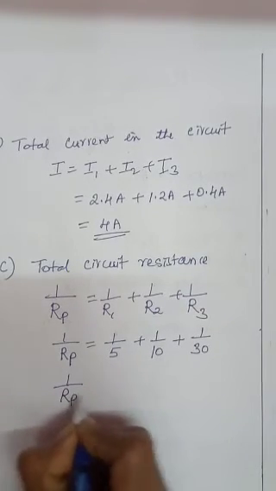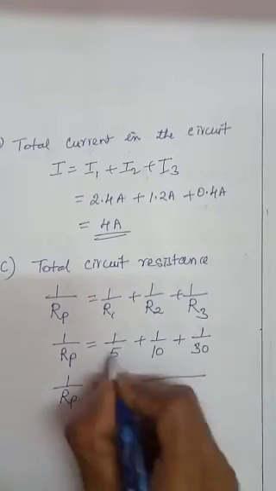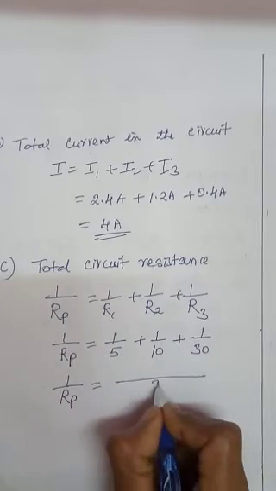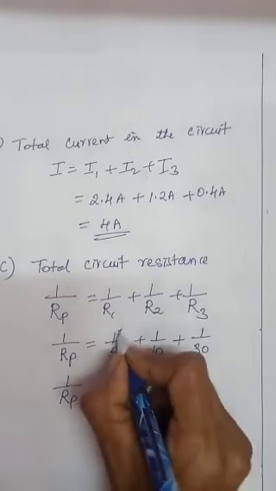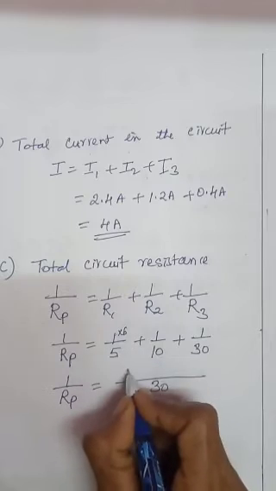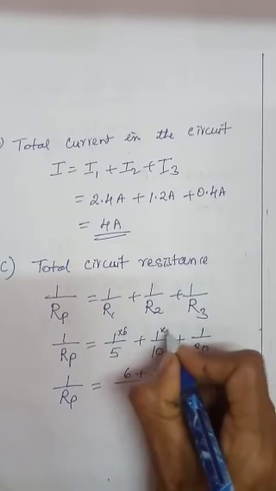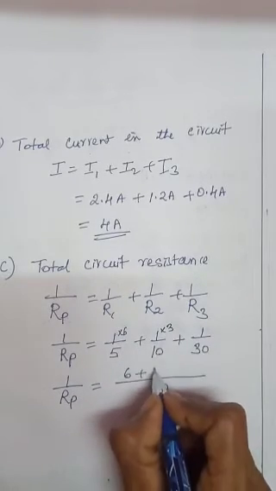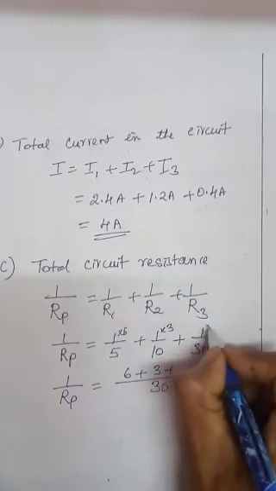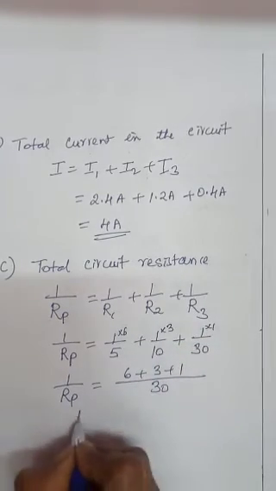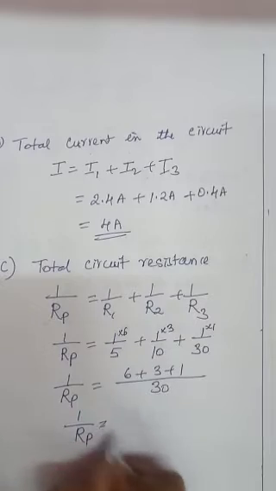1 by Rp is equal to, find the LCM of 5, 10 and 30, it is 30. 5 6s are 30, so 1 by 5 is 6 by 30, plus 10 3s are 30, so 3 by 30, plus 30 1s are 30, so 1 by 30.